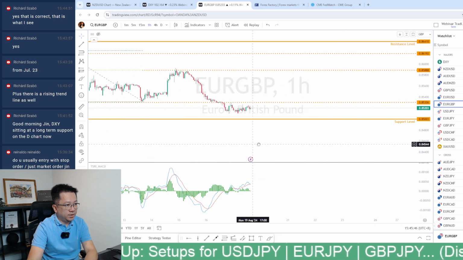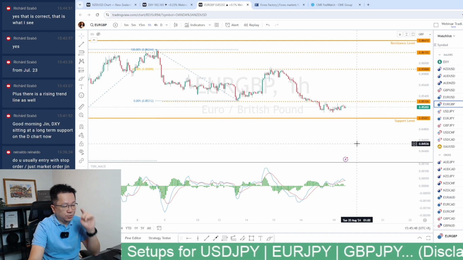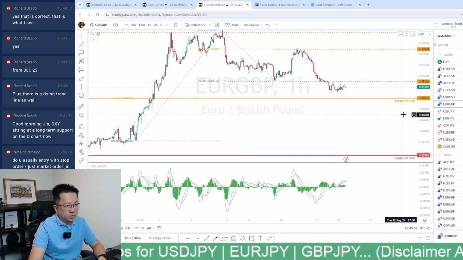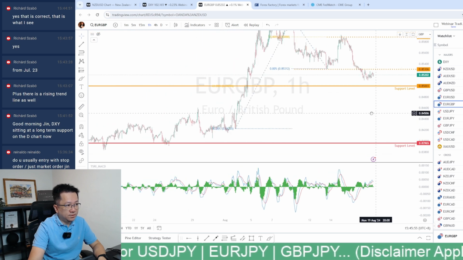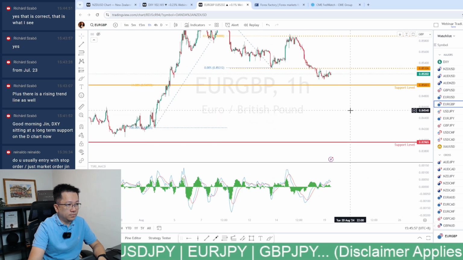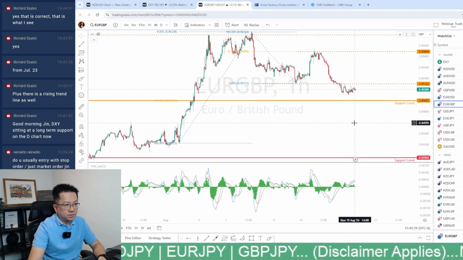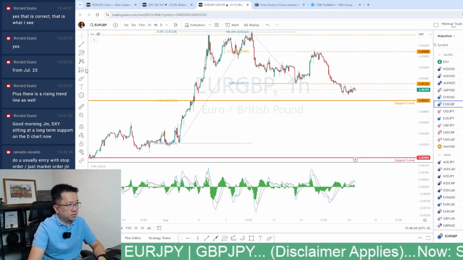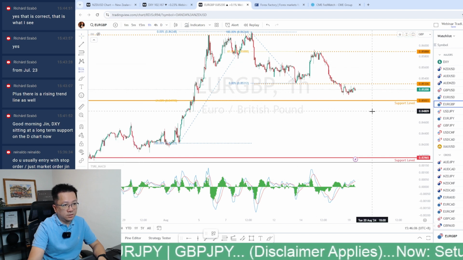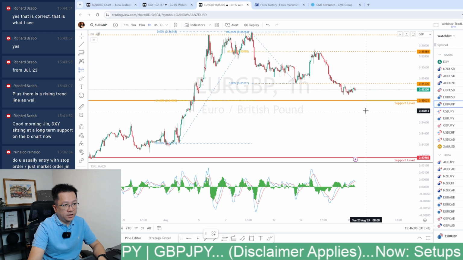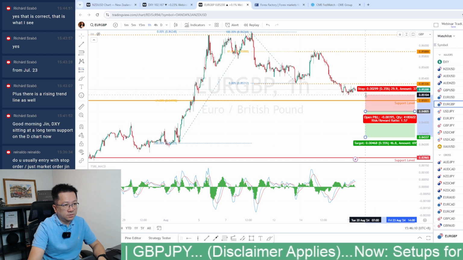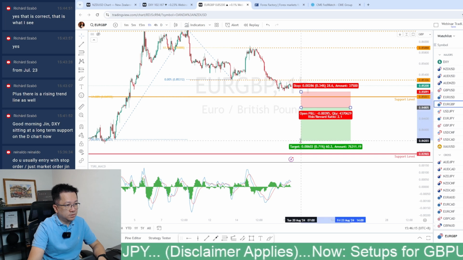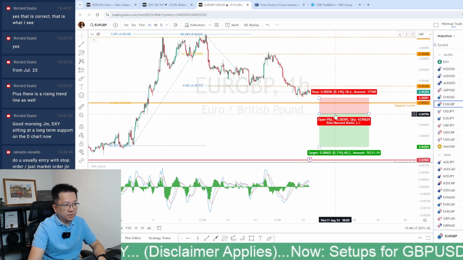What needs to happen here? If the euro does push down, look for it to break that support to the downside. Below 8.5, we could see it trade down to 8.480, 30 pip to 60 to the downside on the euro pound.